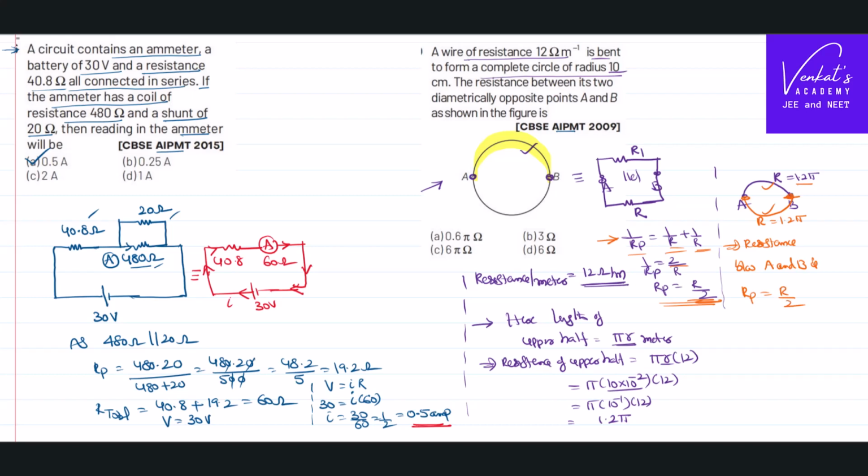Any one resistance we have already calculated as 1.2 times pi. So, 1.2 pi by 2, that is 0.6 times pi. So, the answer for the problem is 0.6 pi. That is how we solve that problem, right.